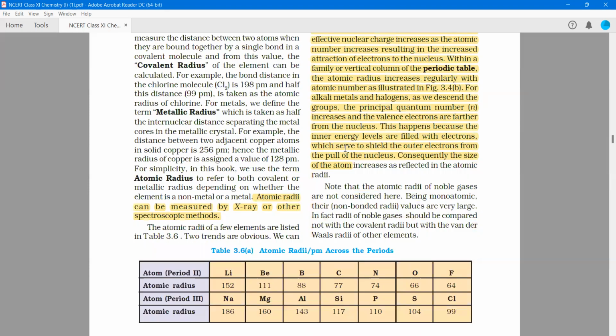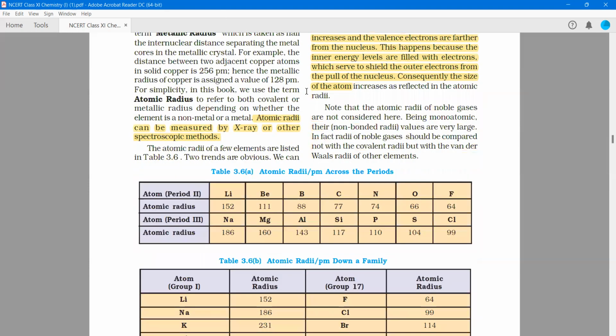It's very important. So note that the atomic radii of noble gases are not considered here. Being monoatomic, you cannot actually get to know the radius of the noble elements, because you cannot make bonds with those.